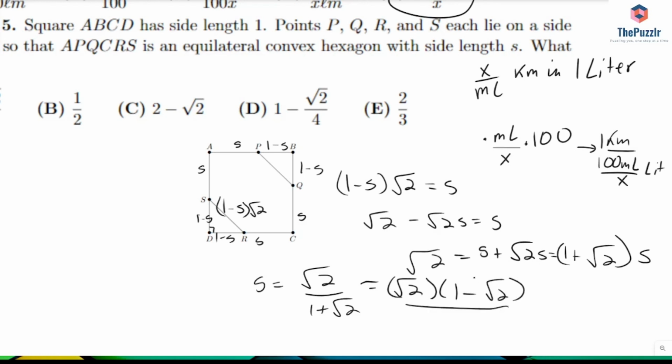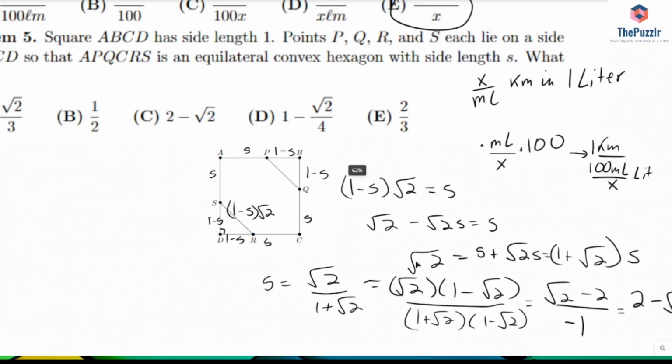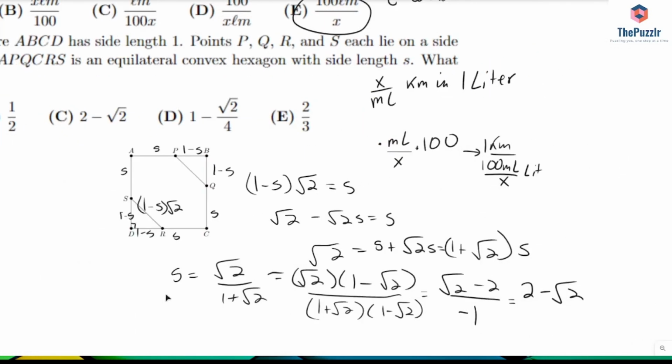This gives you root 2 minus 2 over 1 squared minus root 2 squared, so 1 minus 2, which is negative 1, which gives me 2 minus root 2, which would give us our answer of C. And we're done.